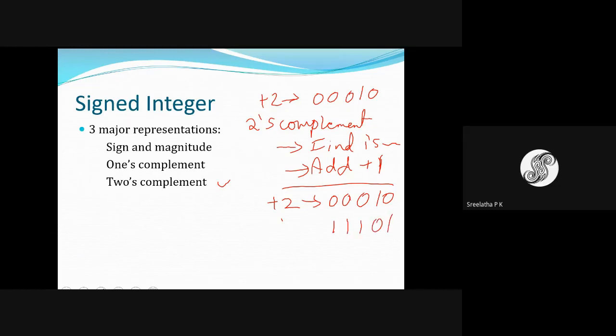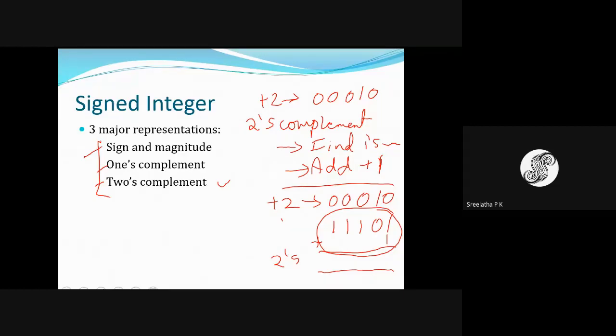Okay, I have to add plus 1, which gives you the 2's complement. Okay, this gives the 2's complement. So those are the three ways. We'll see the addition later. So those are the three ways in which signed numbers can be represented.